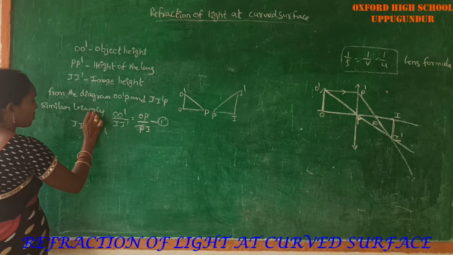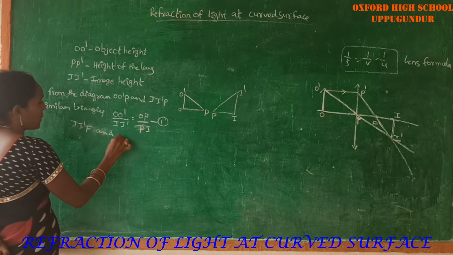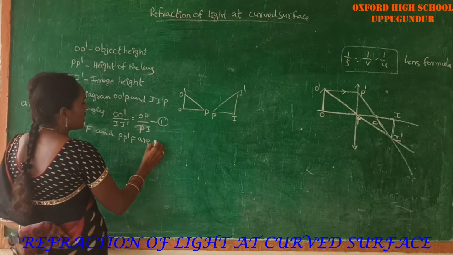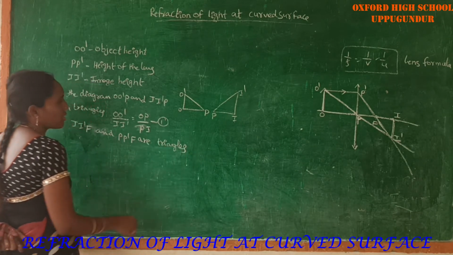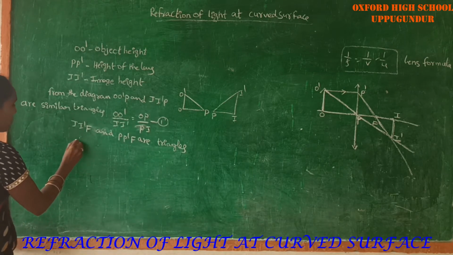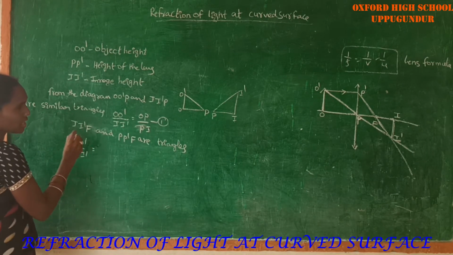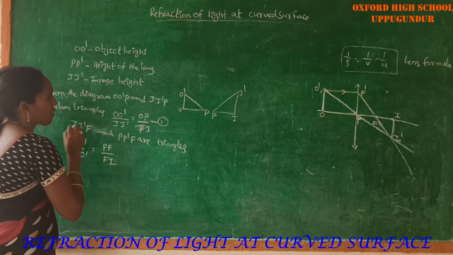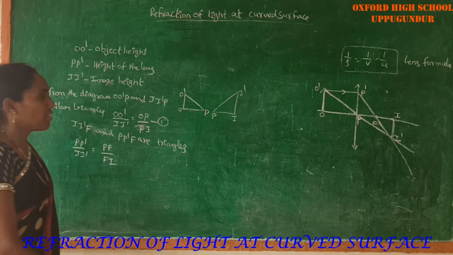From this one, P dash by I dash is equal to PF by FI.